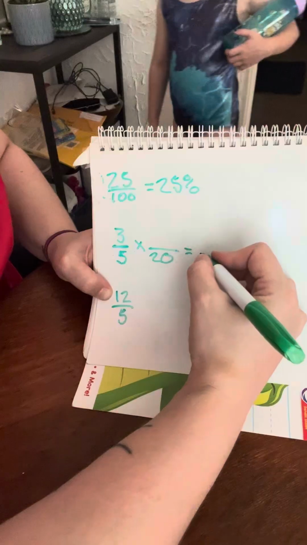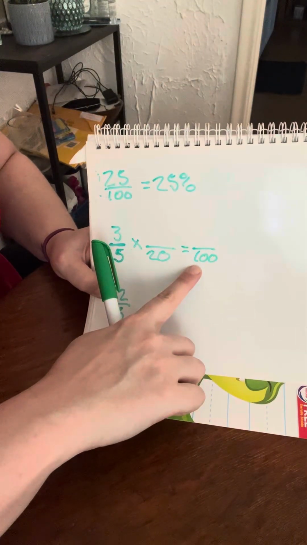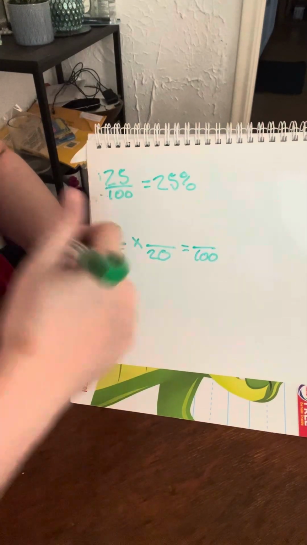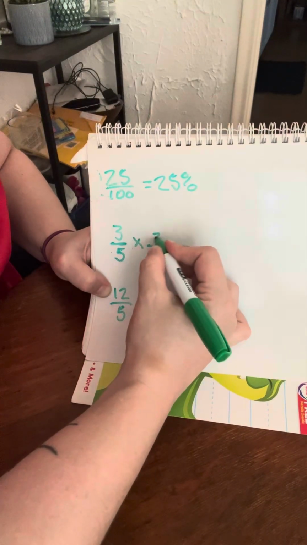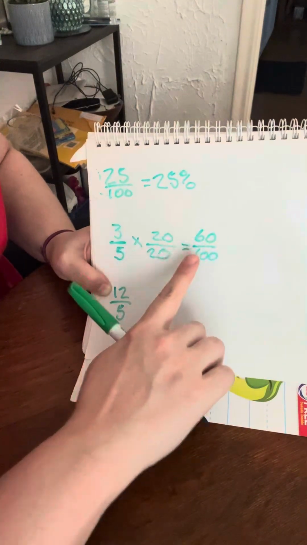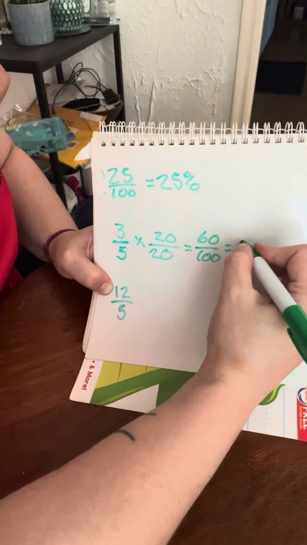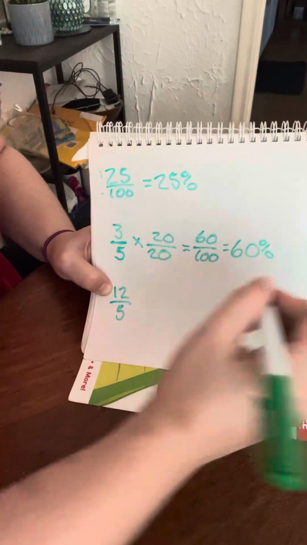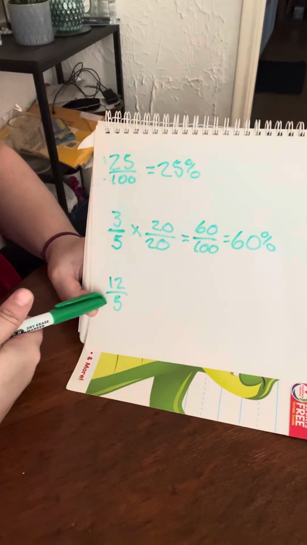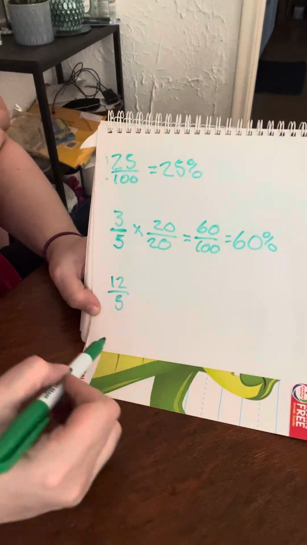So we know that 5 times 20 is going to equal 100. So anything we do to the bottom, we have to do to the top. So we're going to multiply 3 by 20, and that is going to be 60 over 100, right? So now that equals 60%.